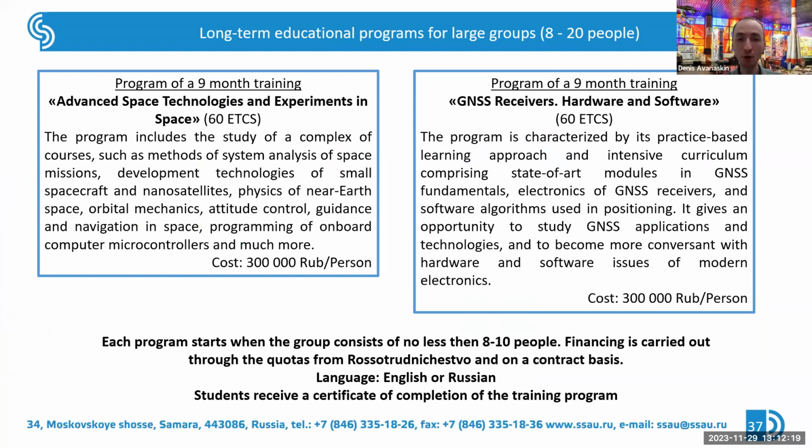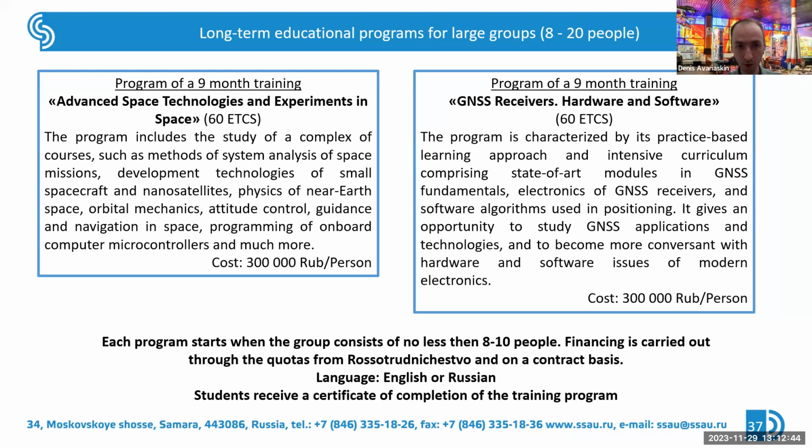So if you already have a bachelor or master degree and you want to have an additional education, we have 9 month trainings. The first one is advanced space technologies and experiments in space. The second one is GNSS receivers, hardware and software.